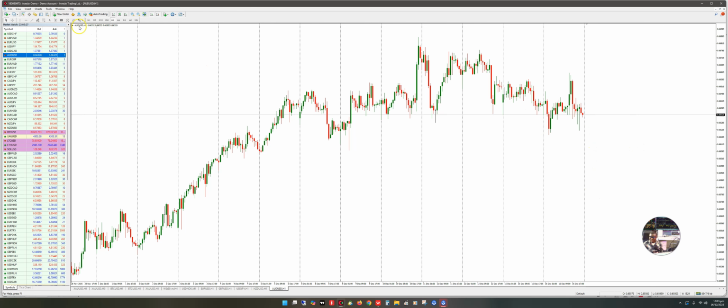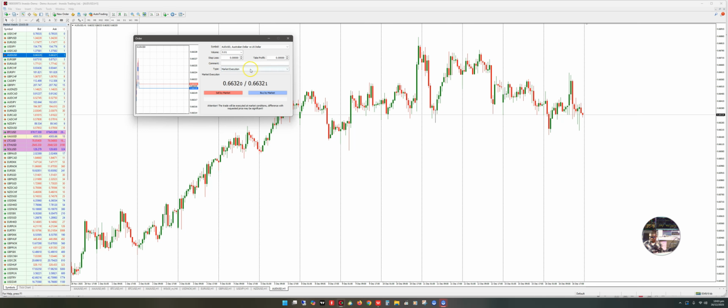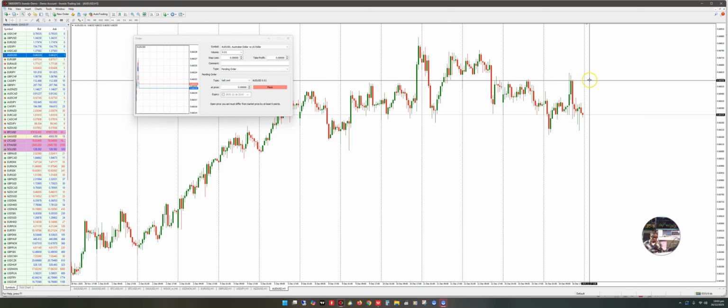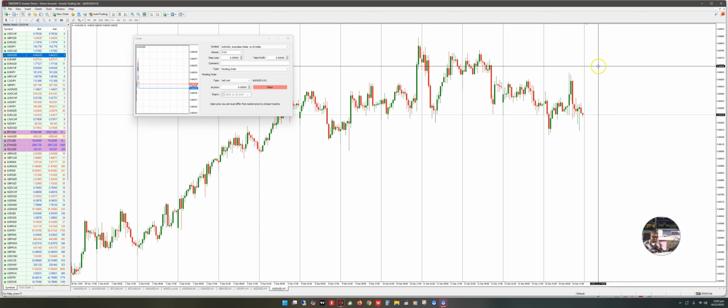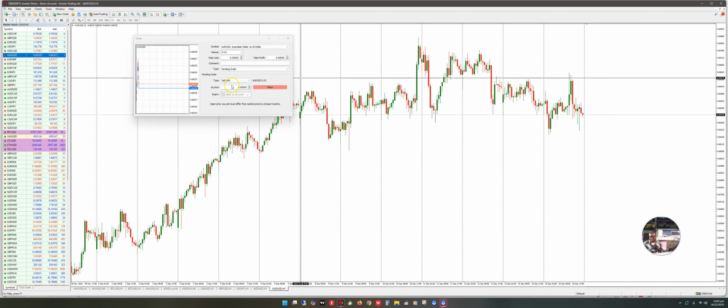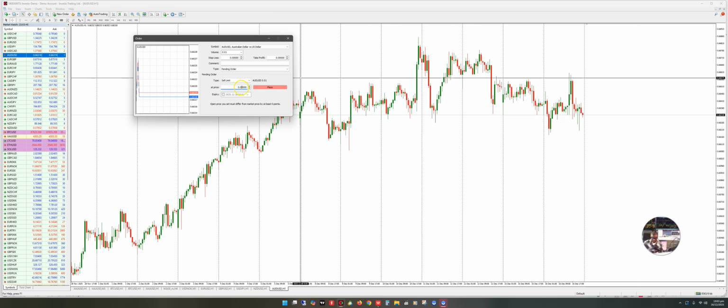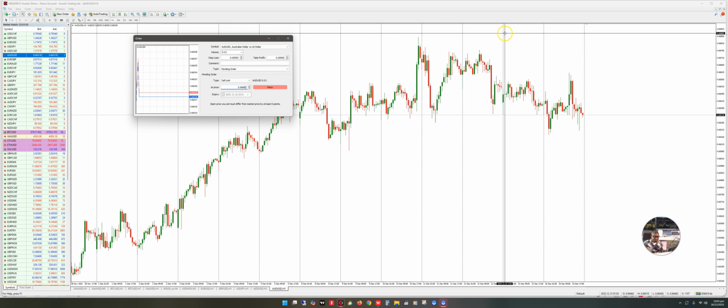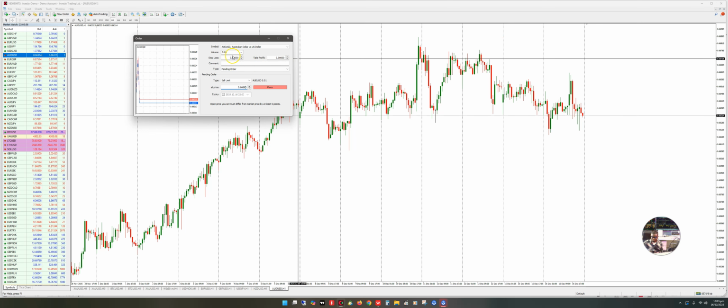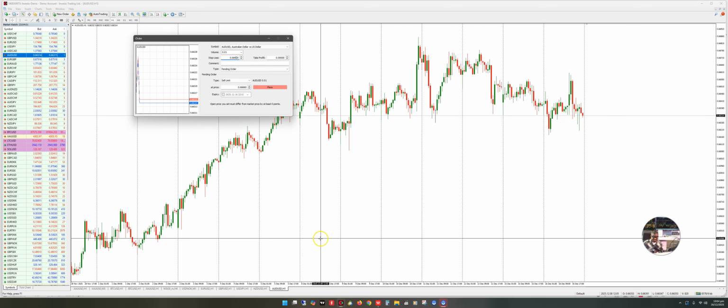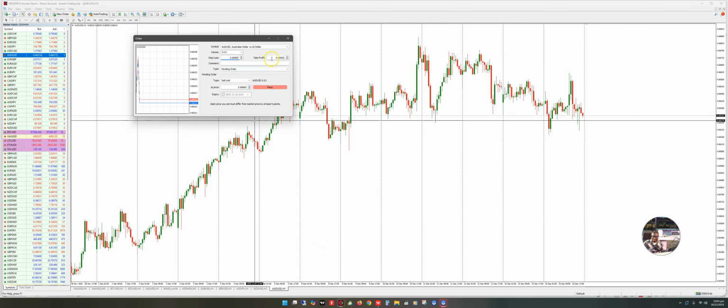I'll click on new order, click on pending order, and select sell limit this time. Remember, for a sell limit, it has to be above market price. So I'm picking 0.6666 as my entry price. My stop loss can now be above the last recent high, 0.669, and my take profit can be down here, 0.655.